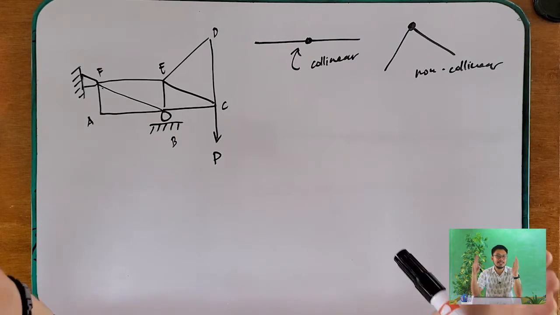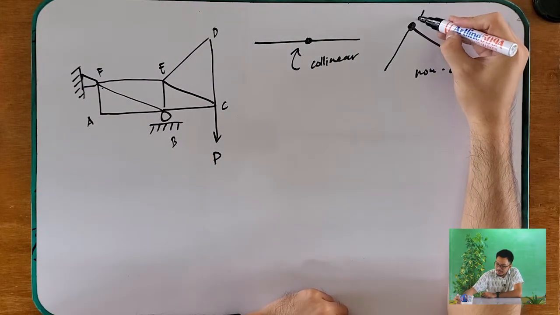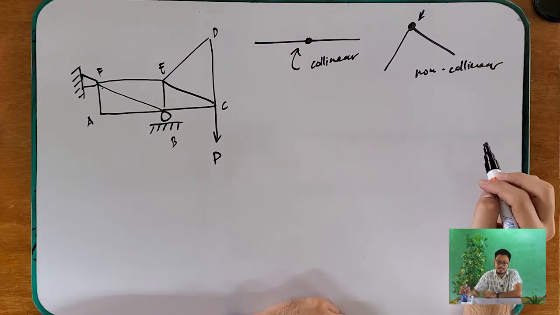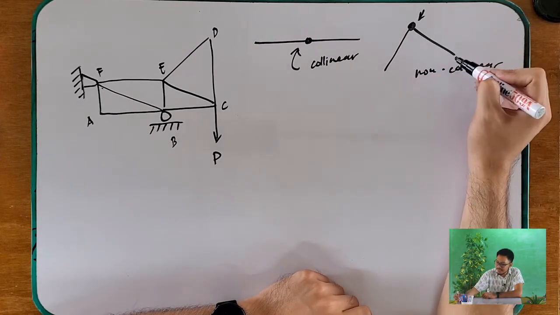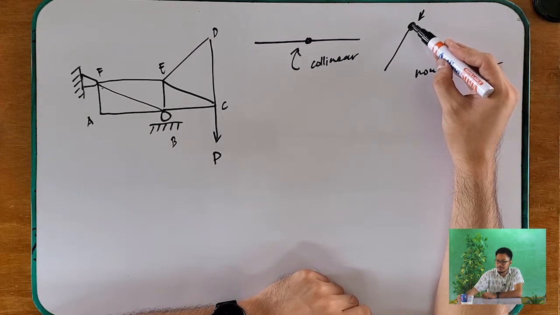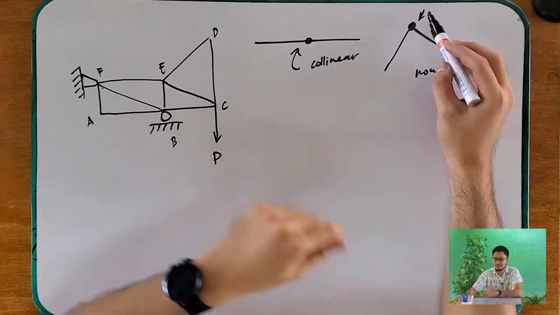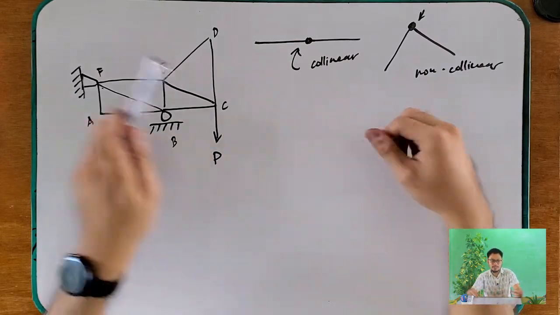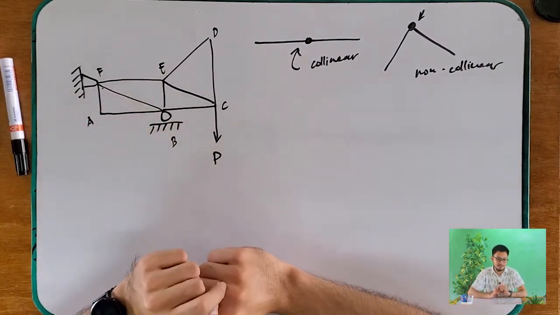Duha ka members nga non-collinear, and sa kani nga joint, dapat walay external loading nga gi-apply ana nga joint. So, kung asa sila nag-intersect ang kanang duha ka members ana nga joint, wala dapat nag-exert nga load. Okay. So, in this case here, which members of this truss are zero force members?